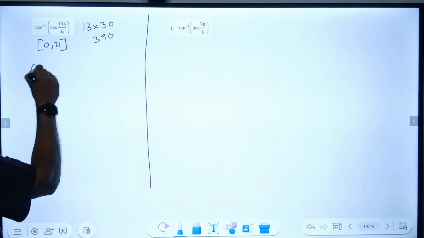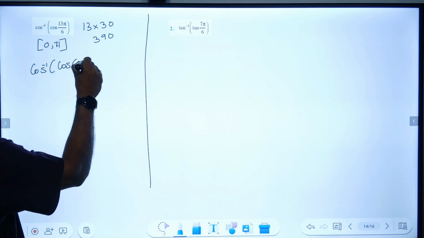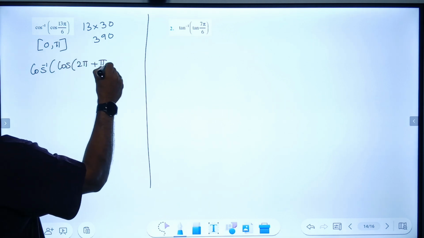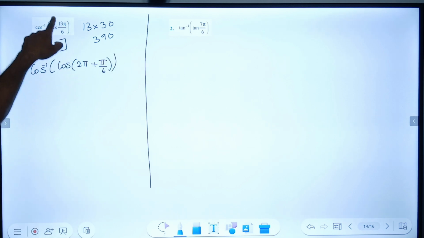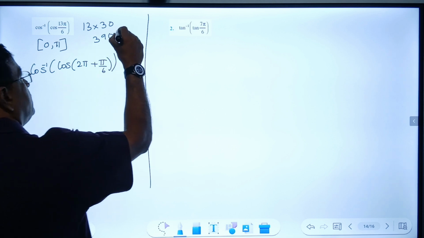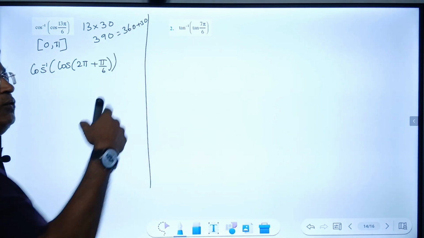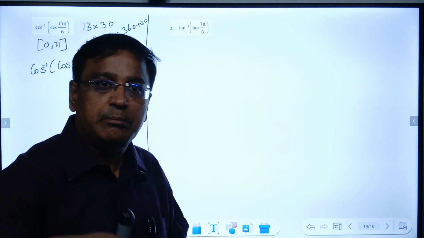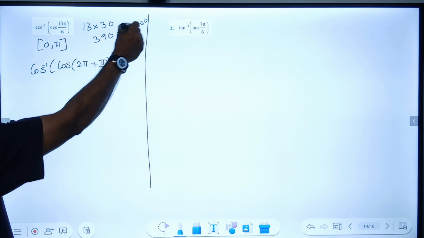So it is cos inverse of cos of 360 plus pi by 6. Now you can take LCM. 12 pi plus pi is 13 pi. So 390 is written as 360 plus 30. I'm always more comfortable with numbers than pi, so that is why I write it in terms of degrees.